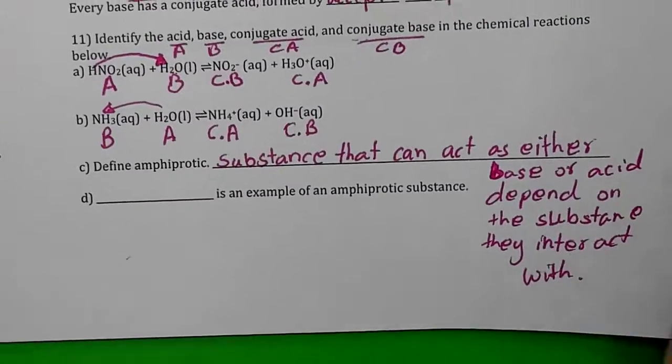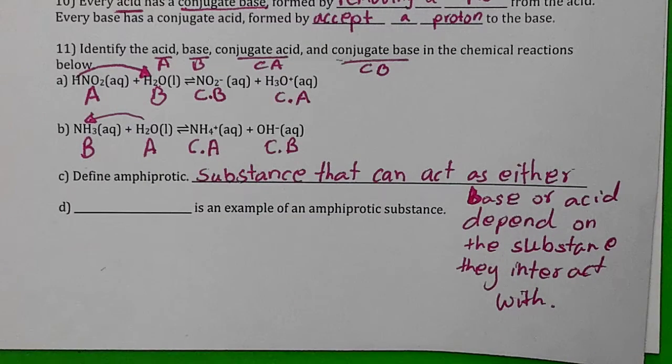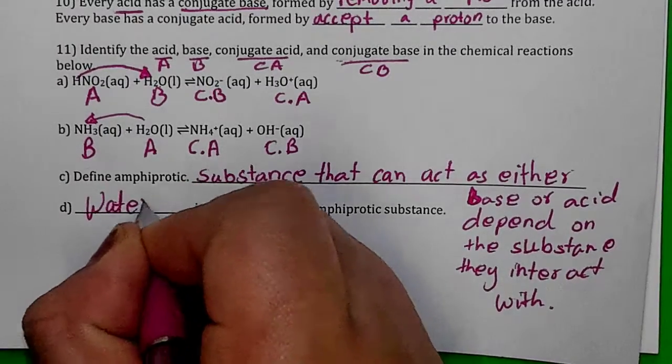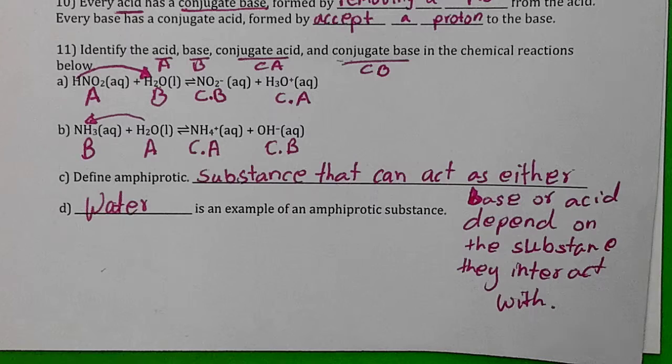Okay. So in D, we said, who is an example of an amphoteric substance that you already know now? Water. Okay. Make sense?